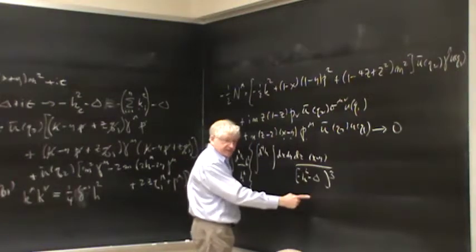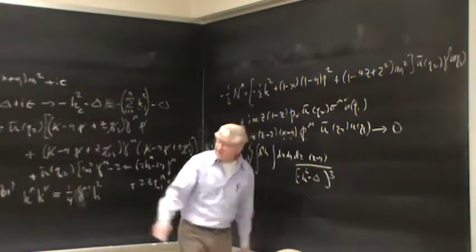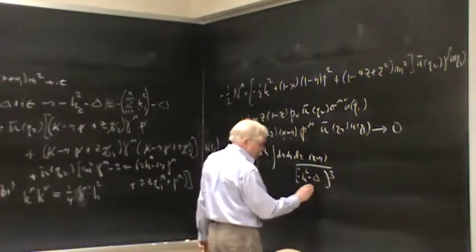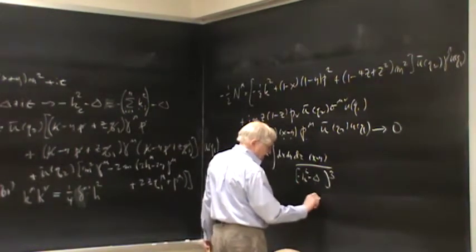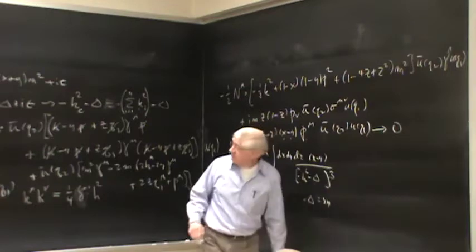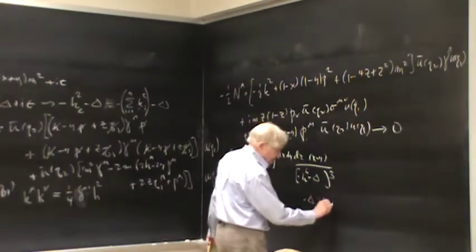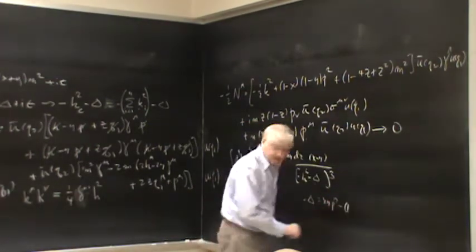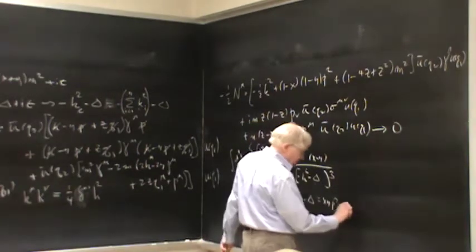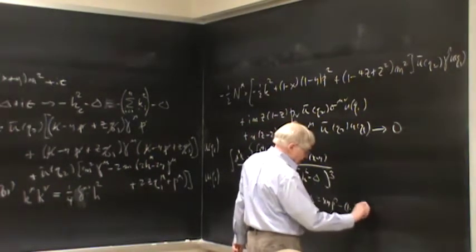So this is the thing we were dealing with. But delta, if we look at it there, minus delta is xy p squared minus (1 minus z) squared m squared.